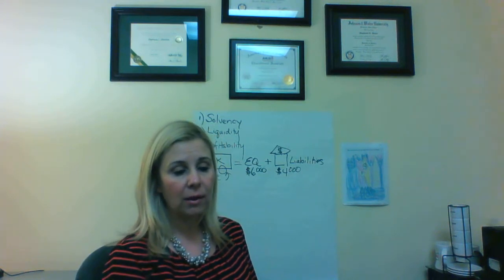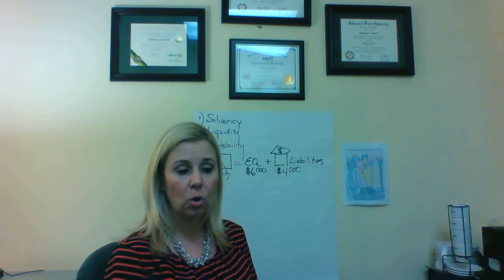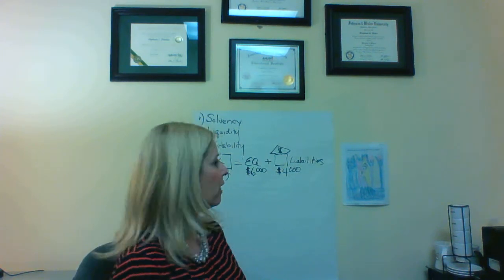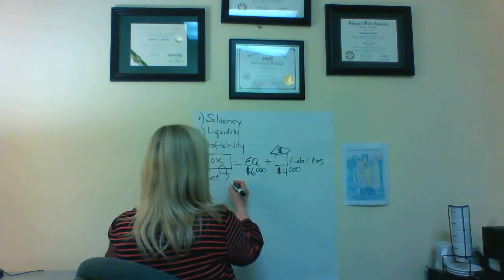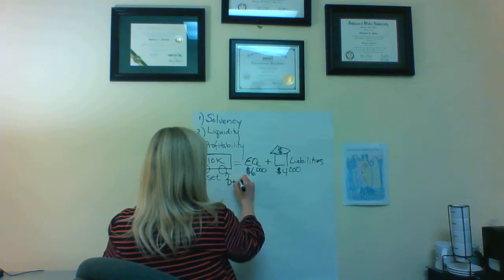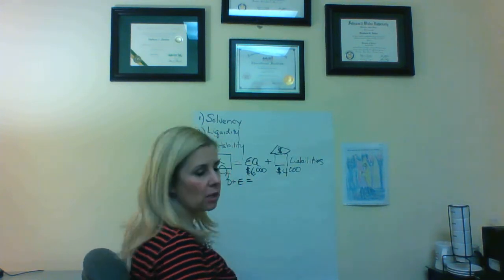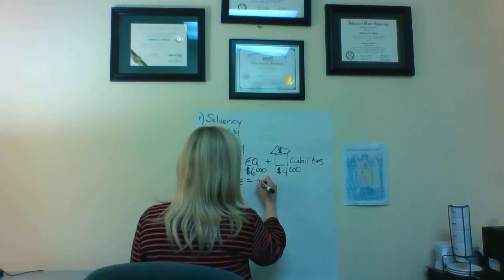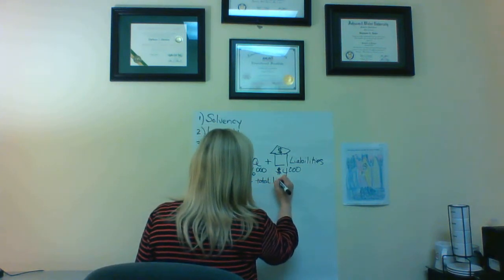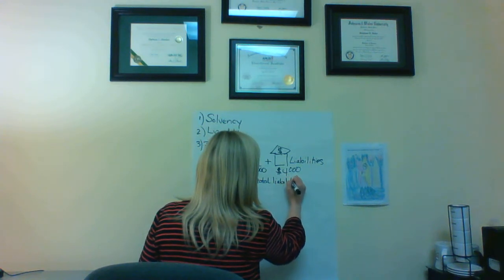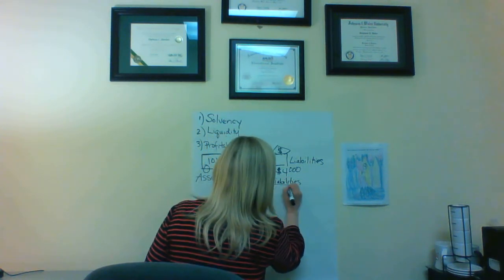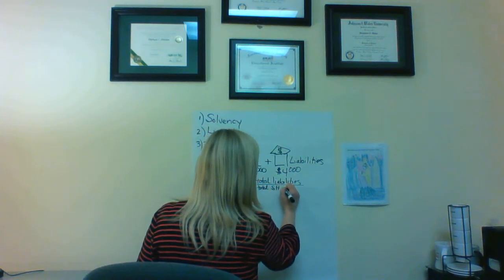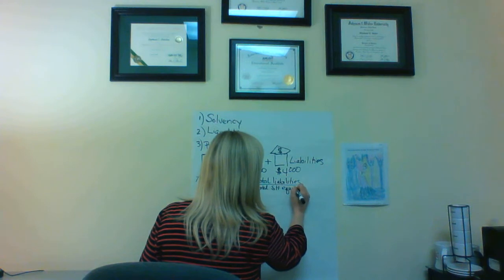So if we're talking about an example of a solvency ratio, we can talk about the debt to equity ratio. That formula, the debt to equity ratio, is going to equal your total long and short-term debt, so total debt or liabilities, over total shareholders' equity.